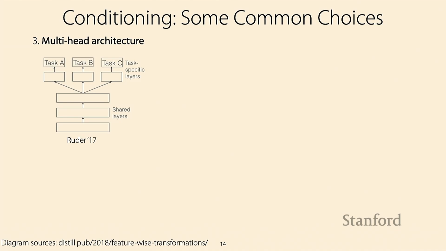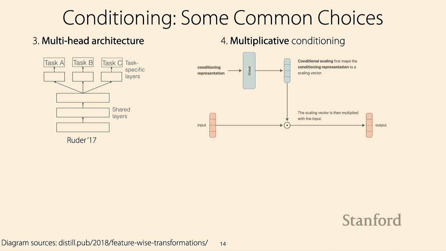And a generalization of this that you can consider is multiplicative conditioning. Before we saw additive conditioning, but you can also multiply the task descriptor, or a representation of it, with the activations. What this will look like is basically replacing the addition operation in the previous equation with an element-wise multiplication. Something like this is more expressive, at least per layer, than adding.